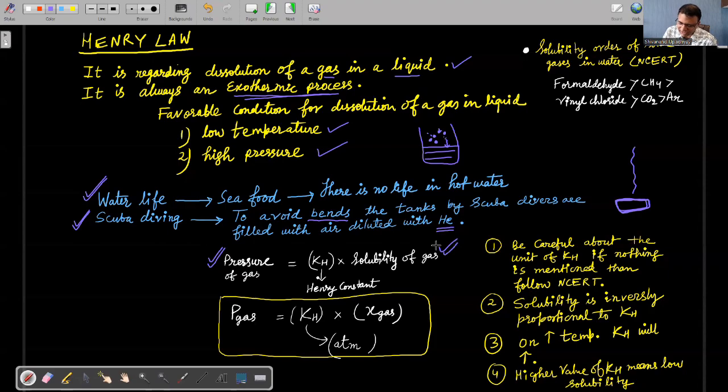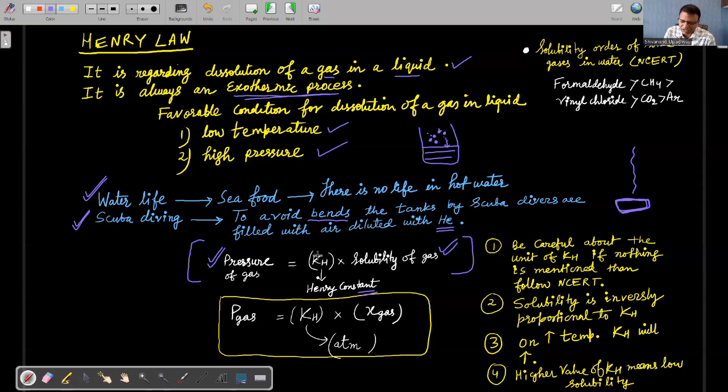So the solubility of a gas is directly proportional to the pressure of the gas, and Kh is the Henry constant. The value of the Henry constant depends on the solvent and on the gas, right? So this is a constant known as the Henry constant. When I write Henry law in this form, the unit of the Henry constant is equal to the unit of pressure.